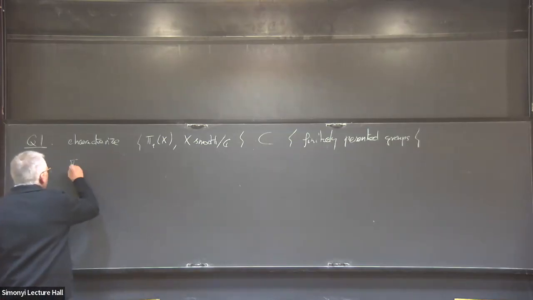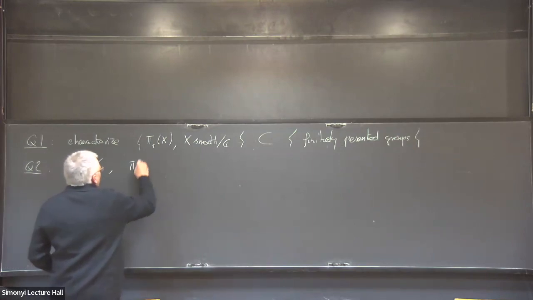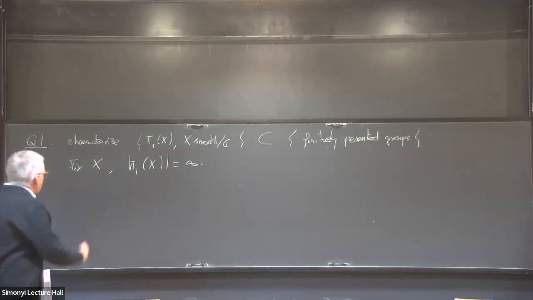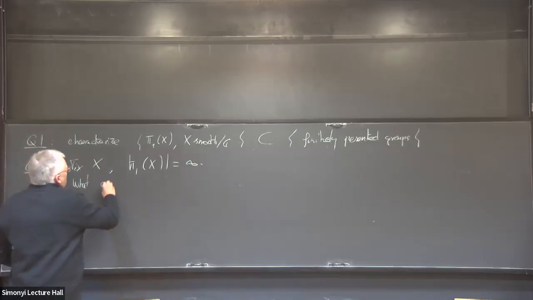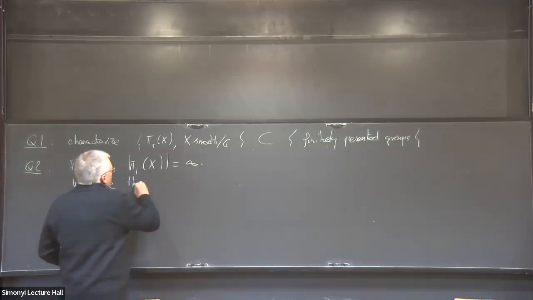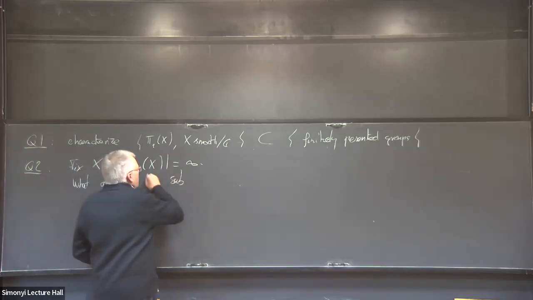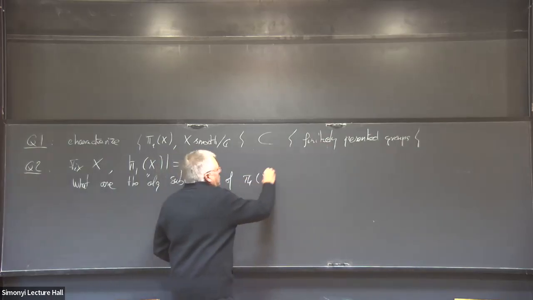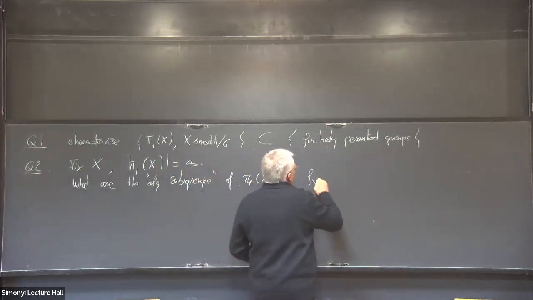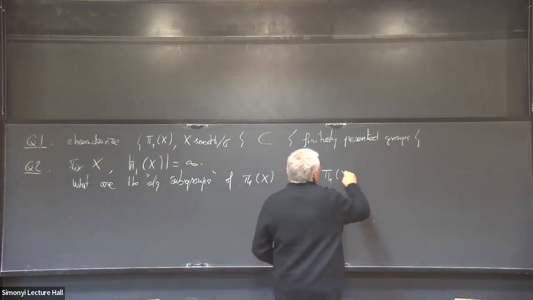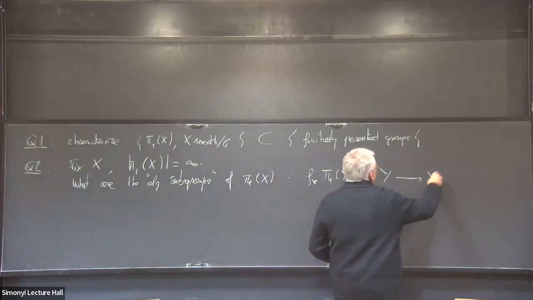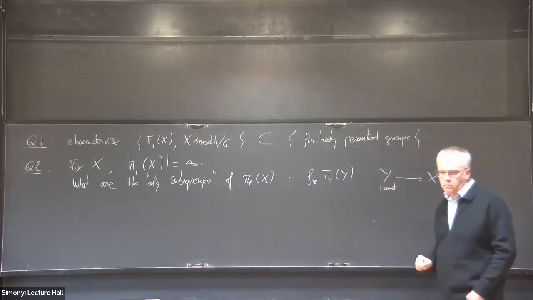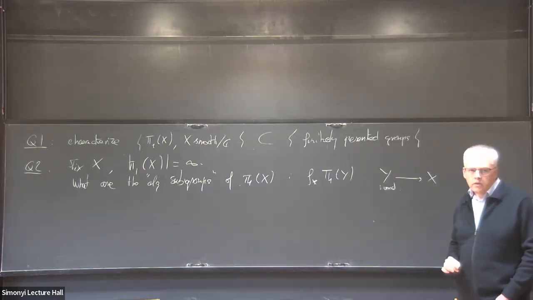You fix X, with pi 1 of X infinite, and then you would like to understand the algebraic subgroups of pi 1 of X. By this, I mean groups which are of the form f lower star pi 1 of Y for Y mapping to X, and maybe you ask that Y is normal. And this is also completely open.